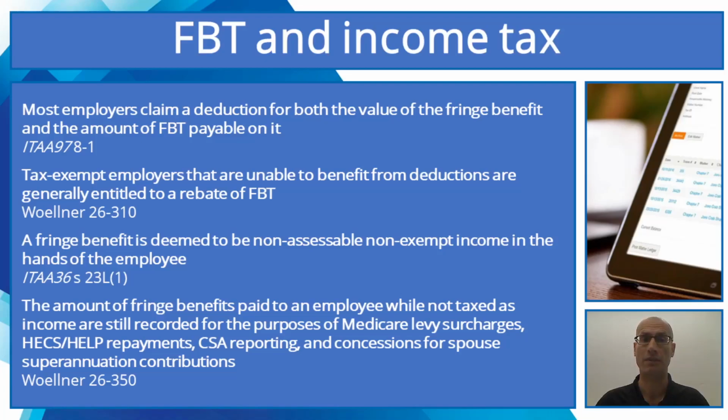Also note, though, that employees still have to report those fringe benefits because even though it's non-assessable, non-exempt income, other types of tests for other government agencies will still take this into account, including the Child Support Agency, the HECS and HELP repayment system, and the concessions for spouse contributions, as well as Medicare.